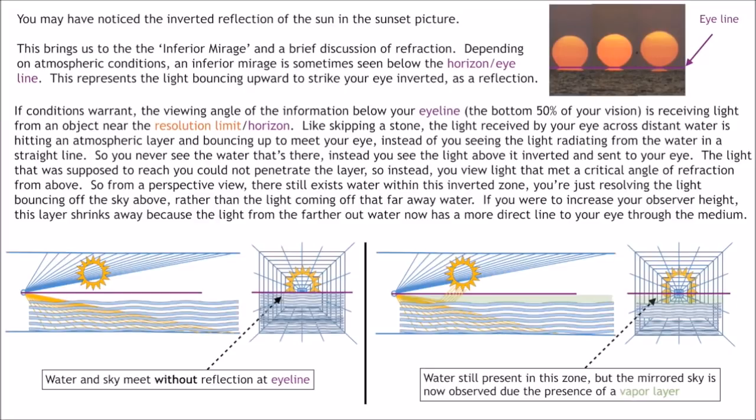But there are angles above that hit this layer and refract to your eye inverted, and that is essentially what you're seeing. You're seeing the reflected sky or mirrored sky above, but your horizon line is still your eye line. There is still potentially water within that perspective if you didn't have this vapor line or vapor layer present.